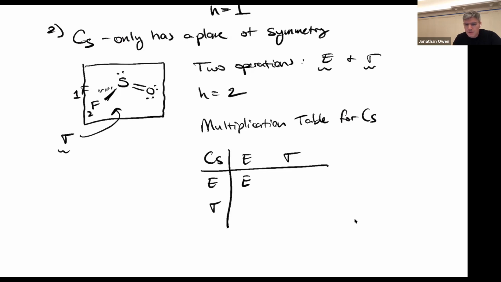That means the molecule is not what it was when it started. Of course, the positions of the atoms are identical, but the labels have moved, so it's not an E anymore. A sigma times an E is equal to a sigma, and E times a sigma is equal to a sigma. What if you do a sigma times a sigma? That sends 1 to the front, and then sends it to the back again, and that's the equivalent of doing the do nothing.